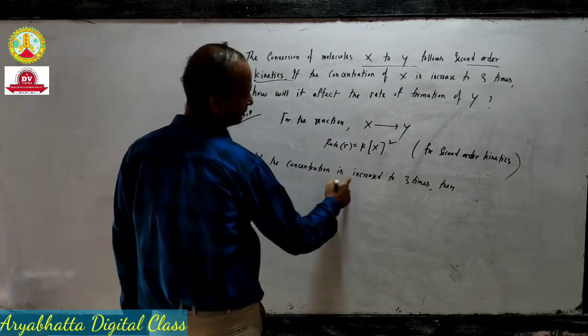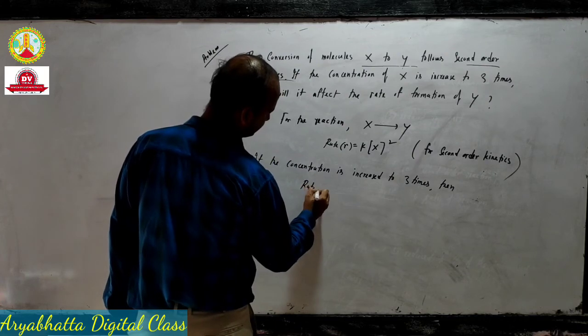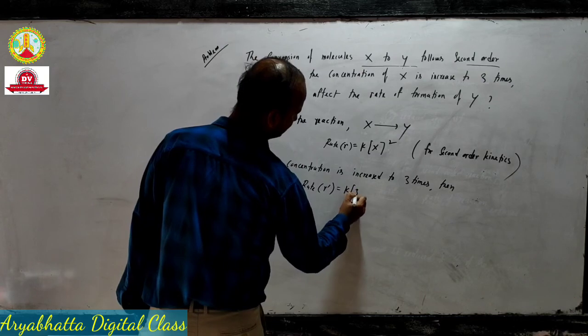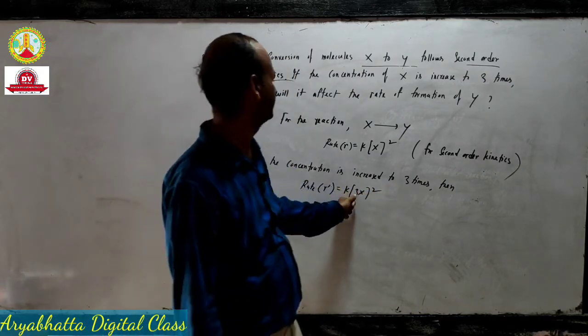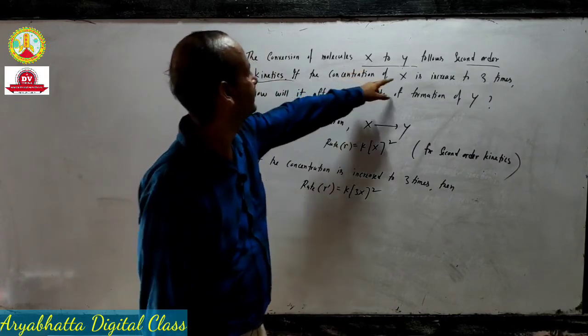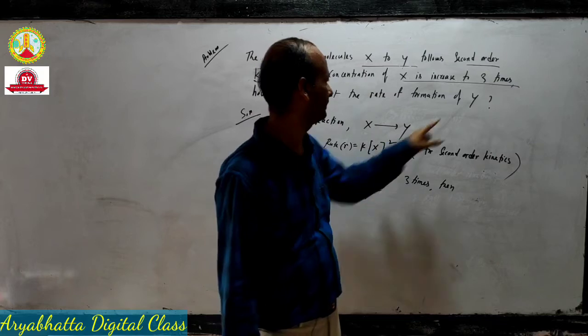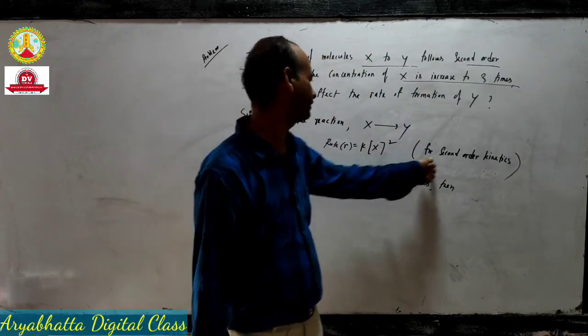If the concentration is increased to 3 times, then R dash will be k 3x square. This 3 comes because concentration of x is increased to 3 times. देखो यहाँ पर 3 times है, मैं भी यहाँ पर 3 times ही increase कर रहा हूँ. And 2 comes because reaction is second order.